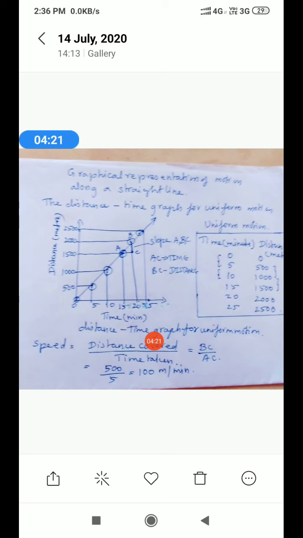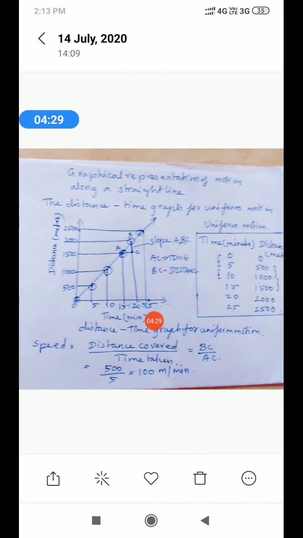2000 minus 1500, difference is 500, and time 20 minus 15, that is 5. So 500 by 5 equals 100 meter per minute.